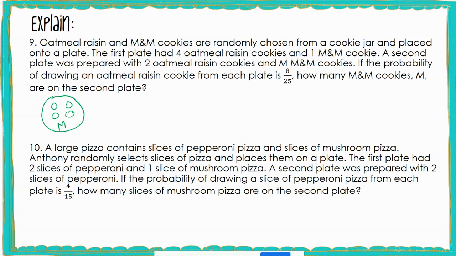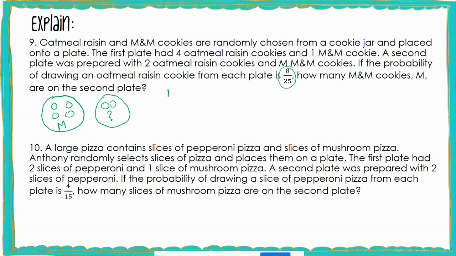So we have 4 oatmeals and 1 M&M. Then we have a second plate. The second plate has 2 oatmeal raisin cookies, and then we don't know how many M&M cookies. But we know that together the probability of choosing oatmeal raisin is 8/25.